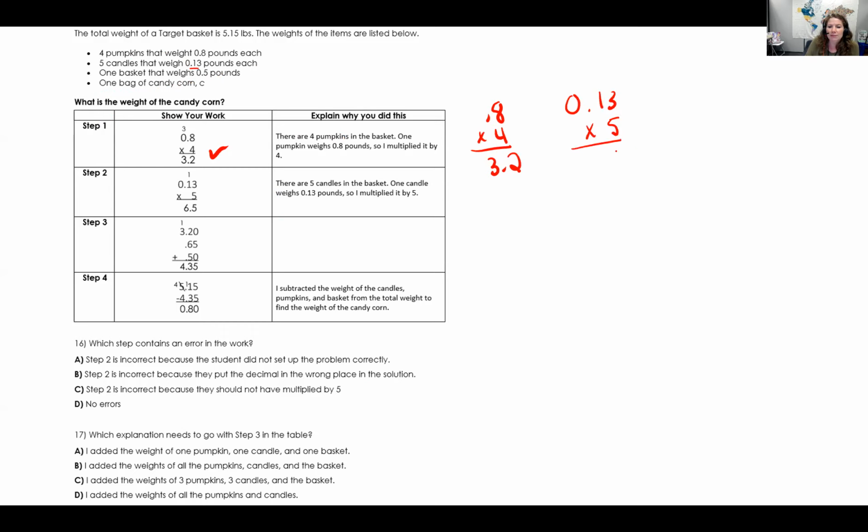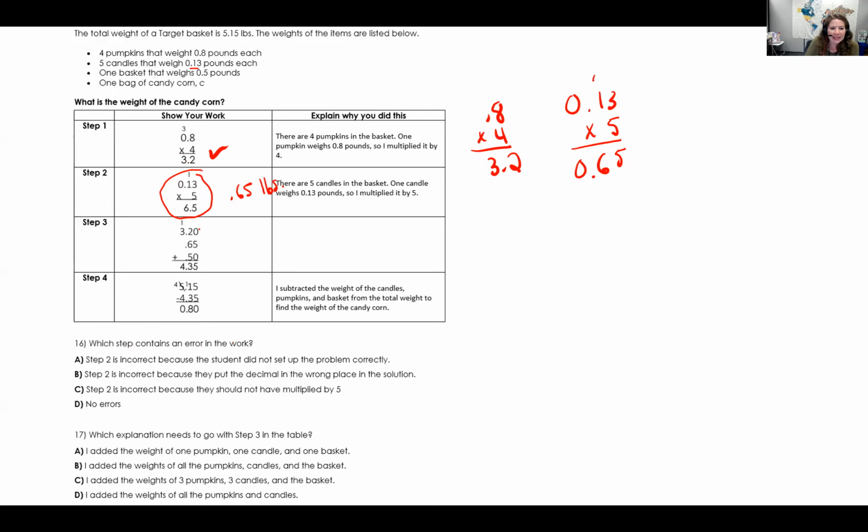So 3 times 5 is 15, carry the 1. 5 times 1 is 5 plus 1 is 6. And we need 2 numbers behind the decimal. So this is actually not correct. If they're 0.13 pounds each, that would be 0.65 pounds, right?